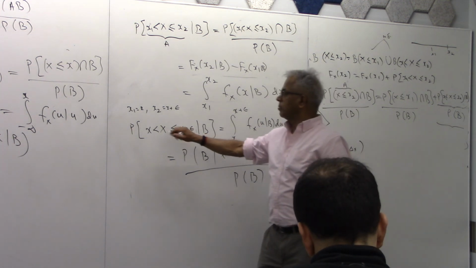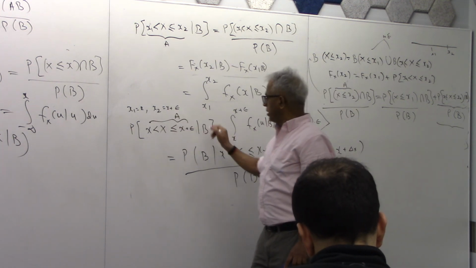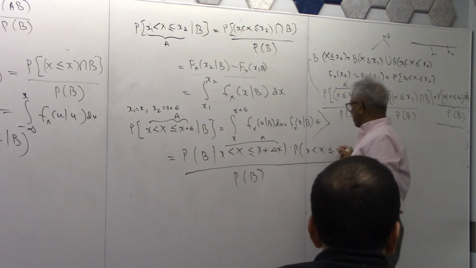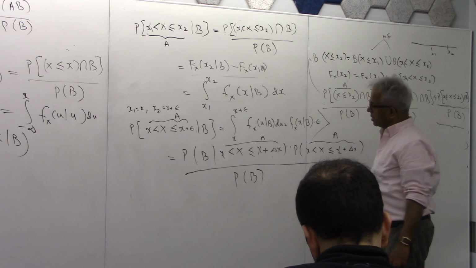Remember, if you read this as A given B is B given A multiplied by P(A) divided by P(B).